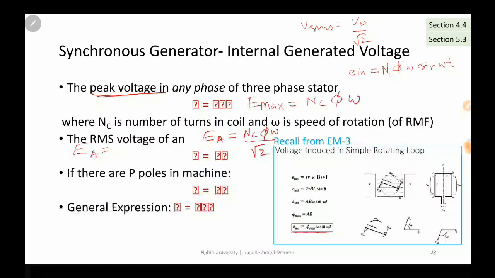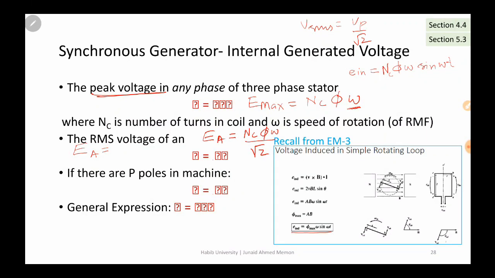One thing here is that your omega in this case is the rotating speed of your rotating magnetic field. That now depends upon the number of poles as well.